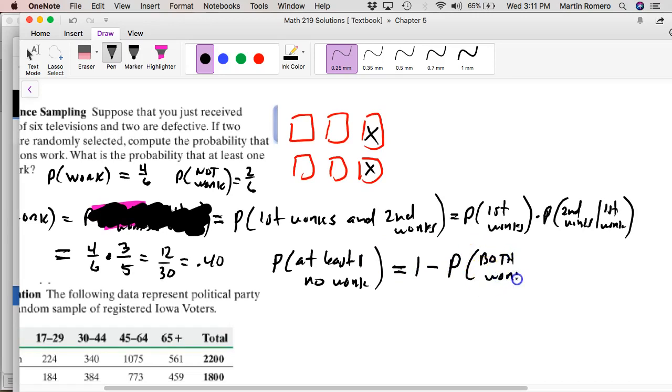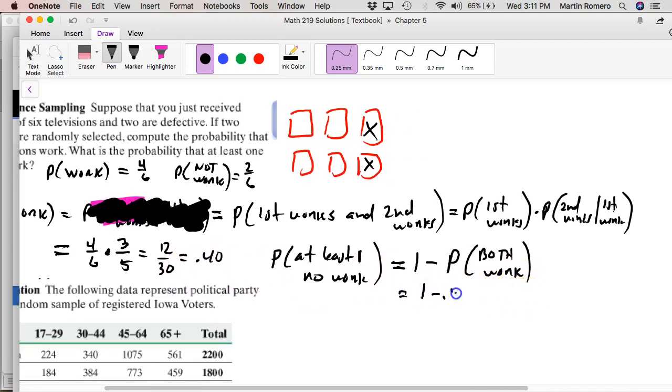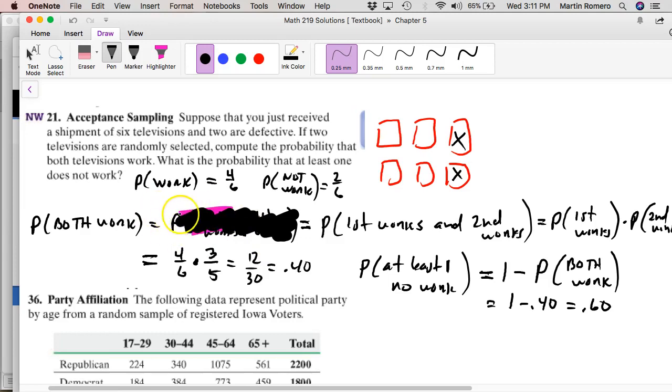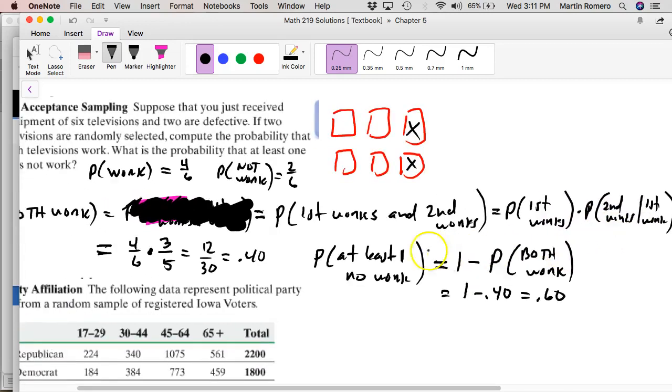So that's the little number trick we're using in this case. And we know the probability that both work is 0.40. So our answer is 1 minus 0.40, or 0.60. And so again, sorry for that quick, this is a little bit more advanced way to think about it. So let's stick with this here.